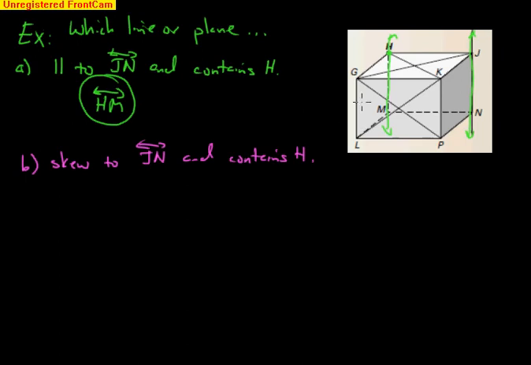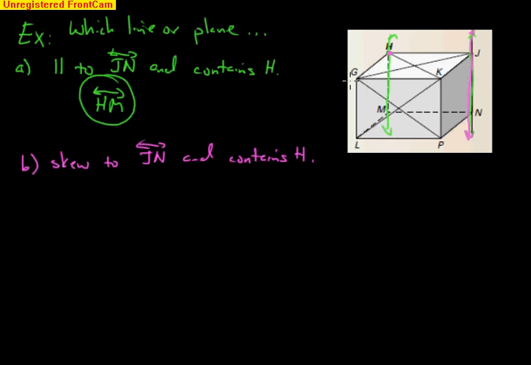Okay, so again, here's JN. We use the same line. And again, we're looking for a skew line, so you're looking for two lines that are non-coplanar. So you can't pick HM. HM is parallel. It's on the same plane. So you're looking for a line that does not intersect JN, but is also not on the same plane.